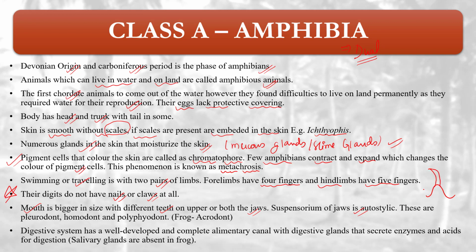Okay, acrodont. But in case of amphibians, they may be pleurodont, homodont, and polyphyodont. Frog is an example of acrodont. You please remember, frog is an example of acrodont.